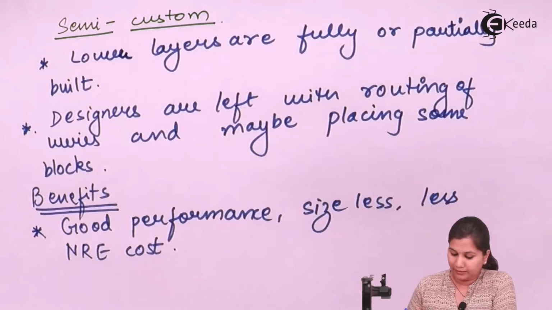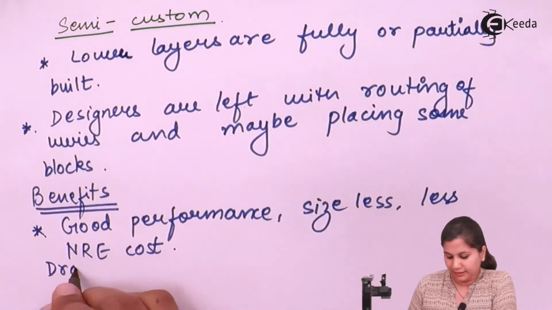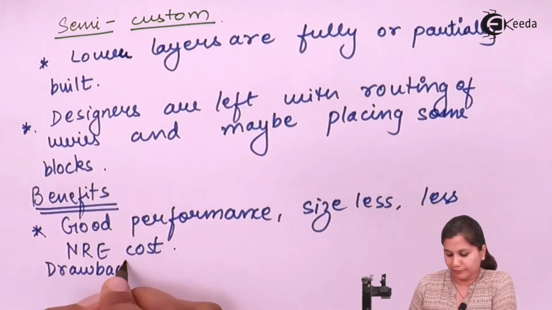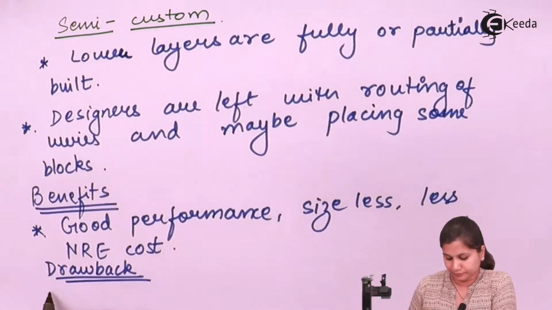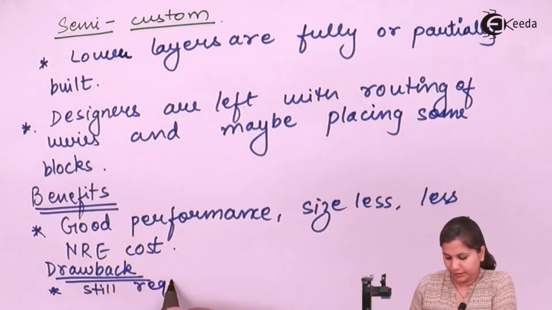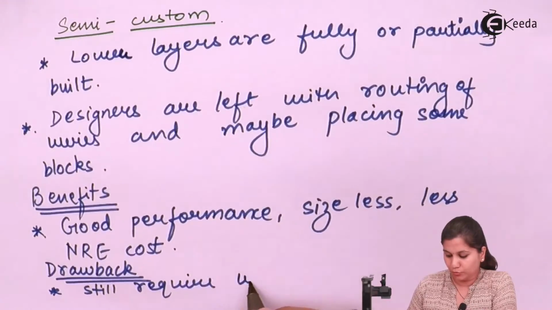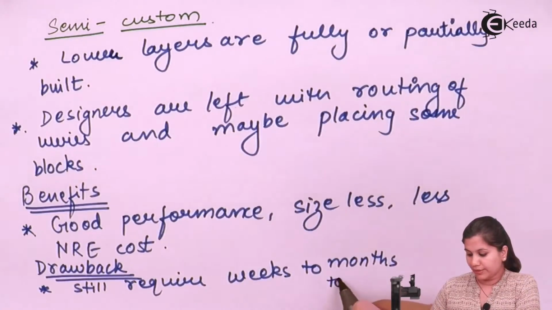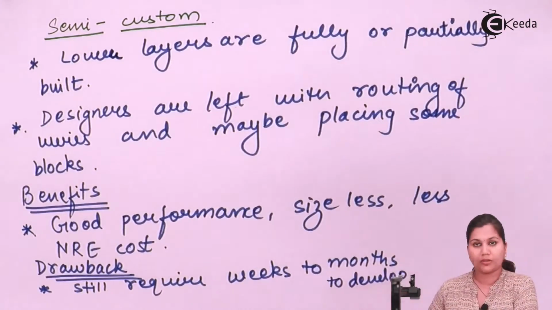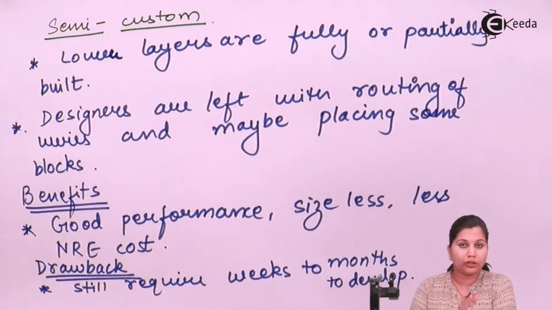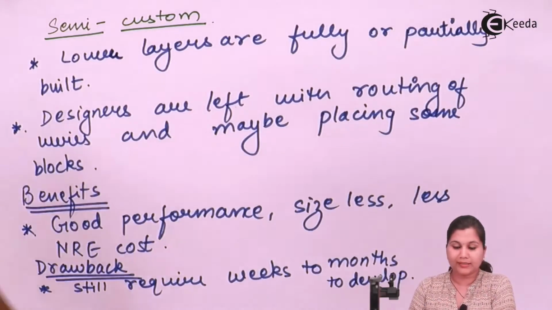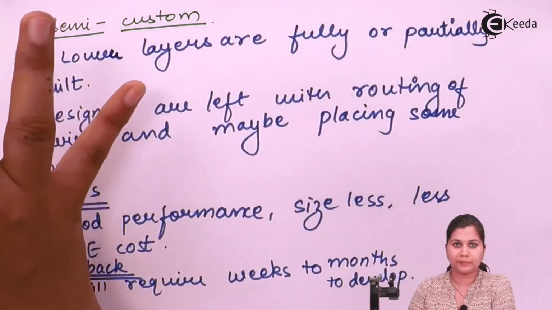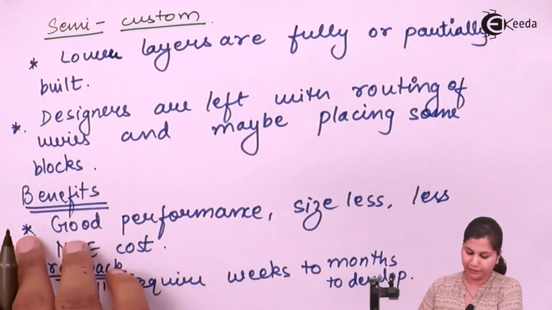Okay, but its drawback is that it still requires some time to develop. It still requires weeks to months to develop. Okay, so in full custom, everything is being done. In semi custom, half the part is being done at the time of manufacturing.